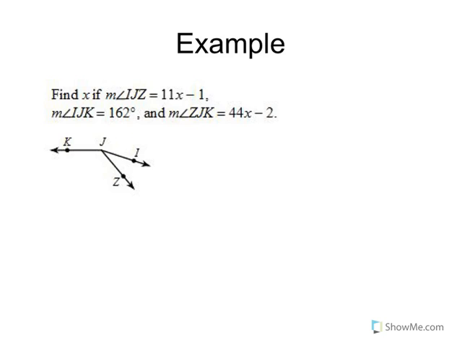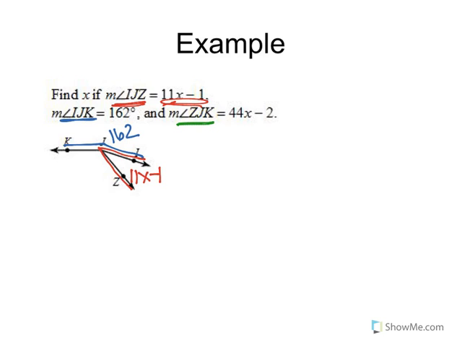So here we start having X's, okay? So this is where it really starts to matter that you write it in there. So IJZ is 11x minus 1. IJK, so the whole thing is 162.